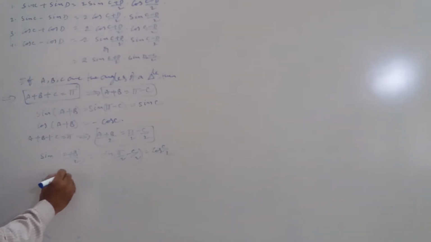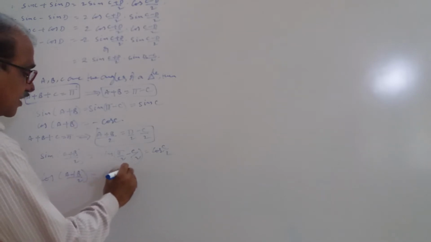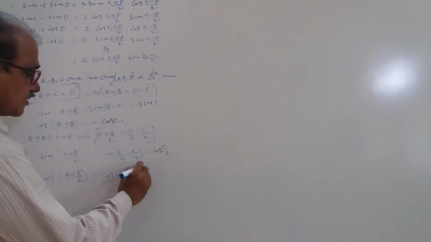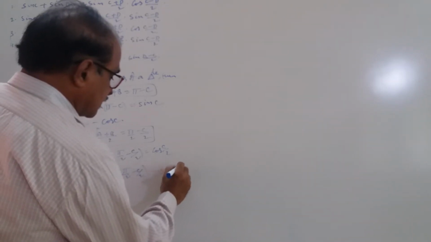Similarly, cos (A plus B)/2, by taking cos on both sides, is equal to cos (pi by 2 minus C by 2). Cos will change to sin and it has a positive sign, so sin C by 2. In this way we have to remember these values.